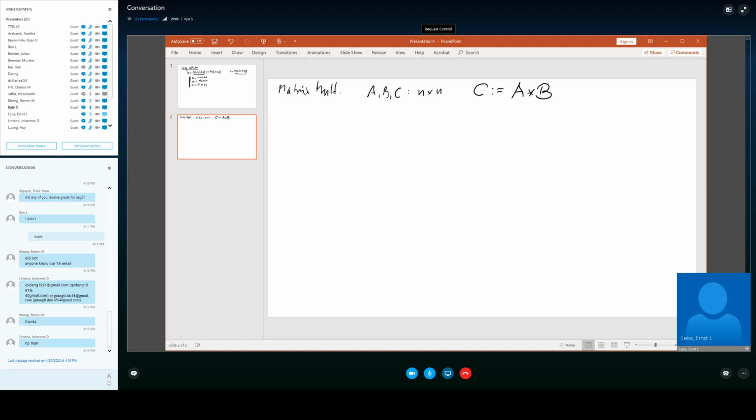Now, the standard algorithm that we've already beaten to death is, of course, the three nested loops: i from 1 to n, j from 1 to n, C_ij is 0, and then k from 1 to n, C_ij plus A_ik times B_kj.